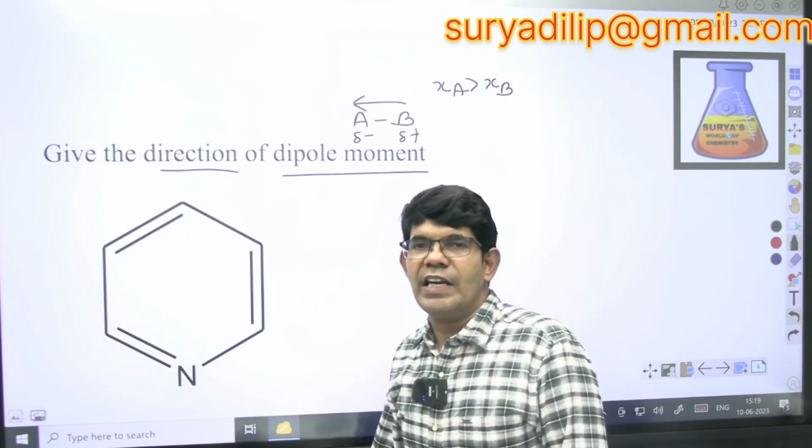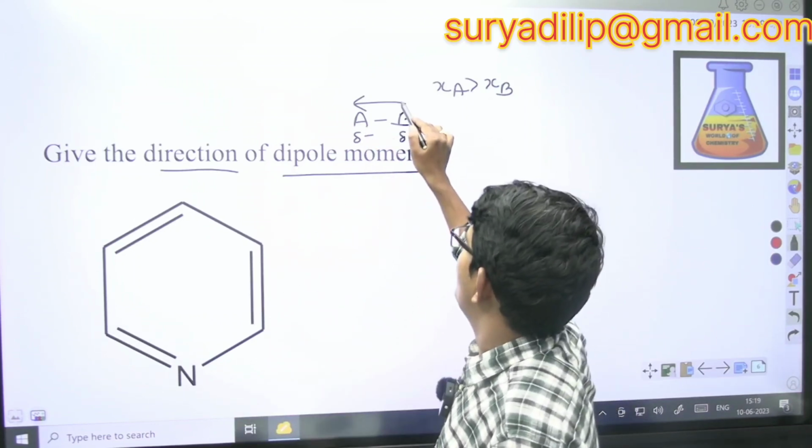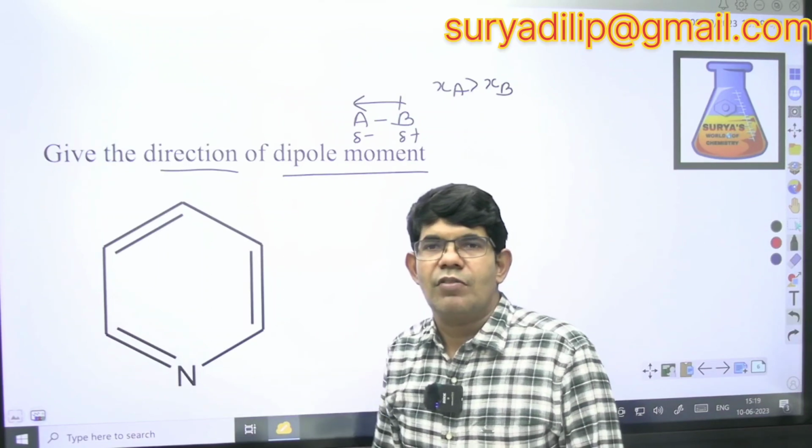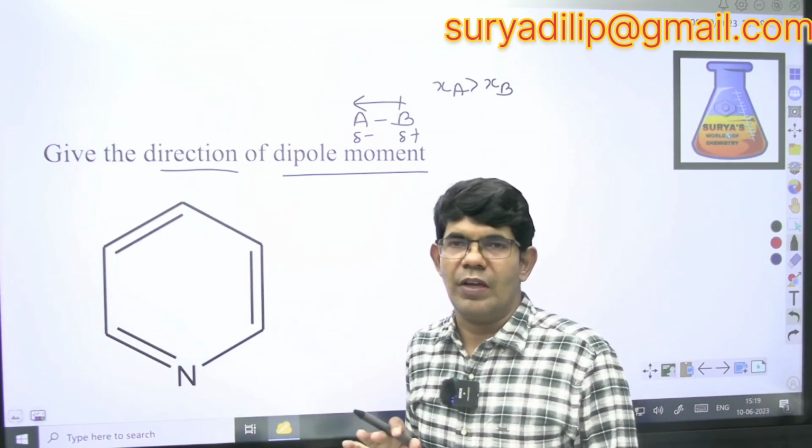Where you have the partial negative charge, there you put the head of the arrow, and where you have the partial positive charge is the tail of the arrow. This is how you show the direction of dipole.